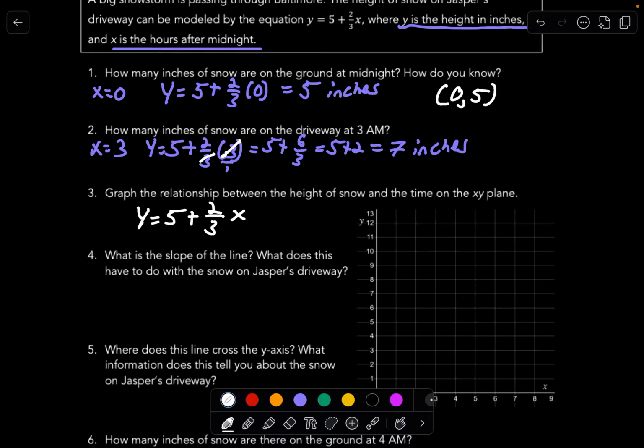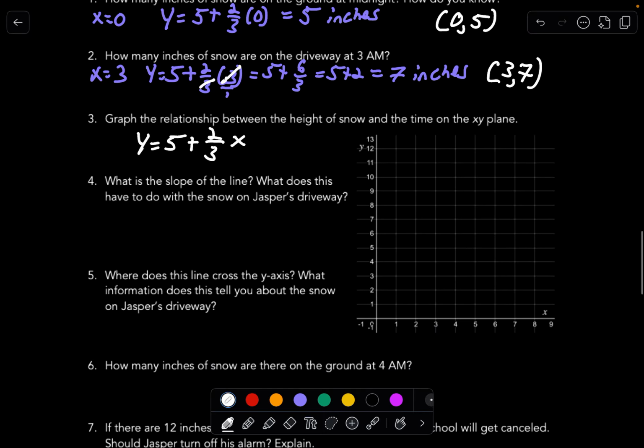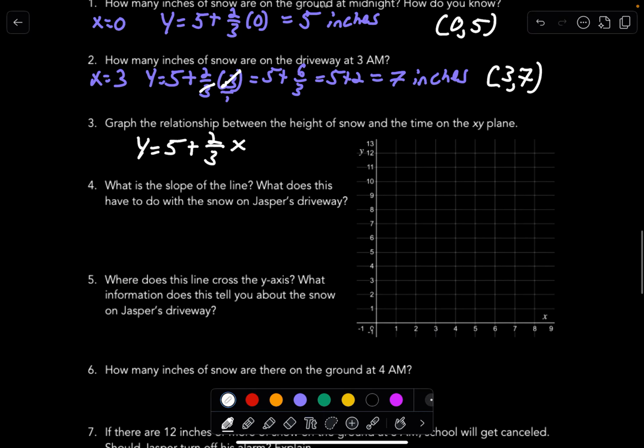The height is 5. We also know that when x equals 3, the height is 7. So we have 2 points, (0, 5) and (3, 7). And we only need 2 points to define a line. 2 points define a unique line.